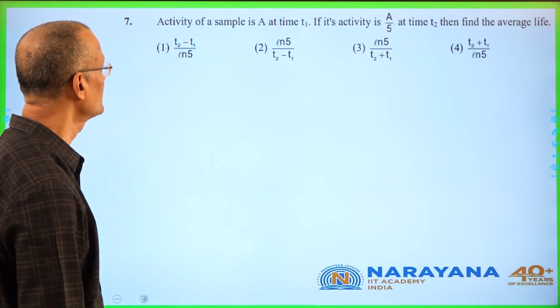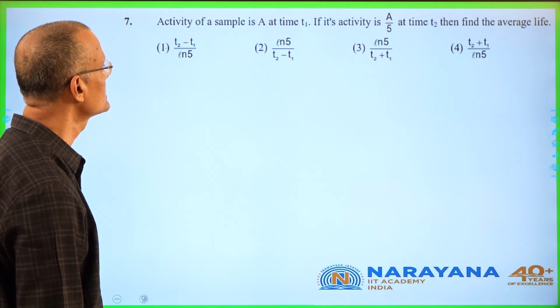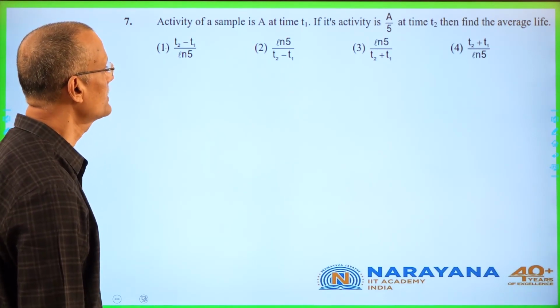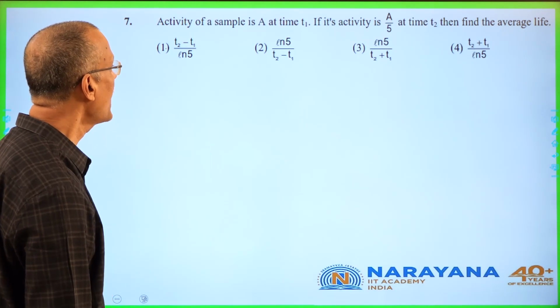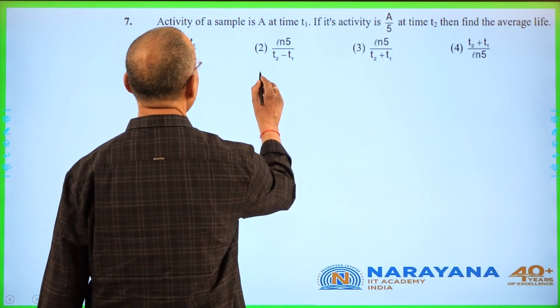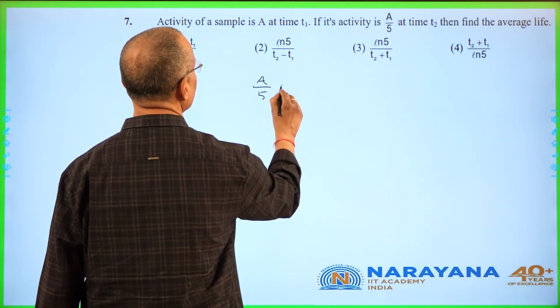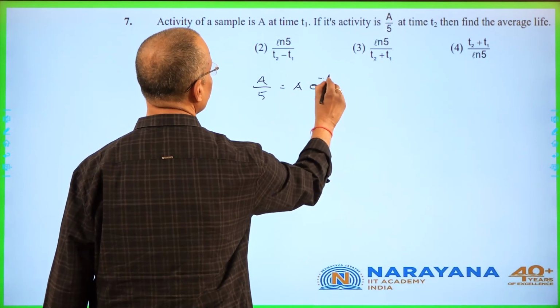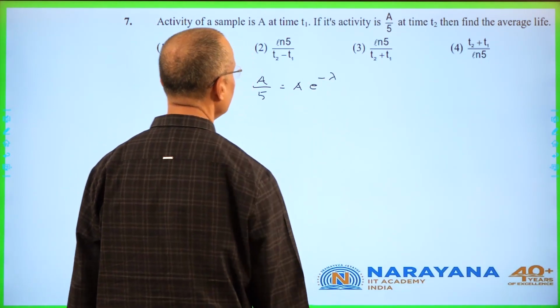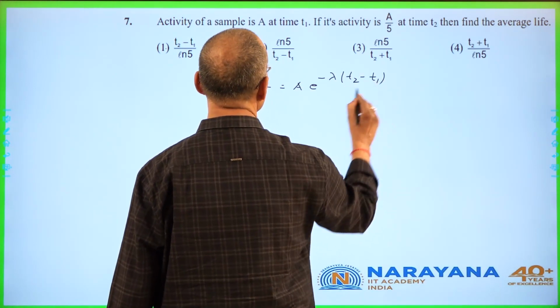Activity of a sample is A at time t1 and activity is A by 5 at time t2. Find the average life. If you go for A by 5, it is A e to the power minus lambda into t2 minus t1.